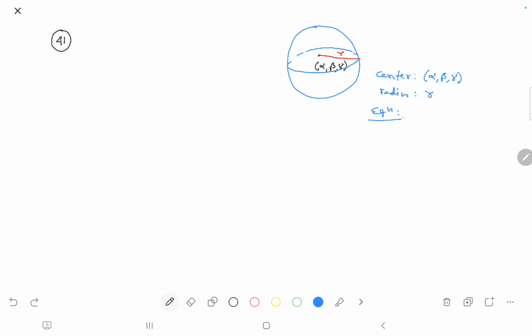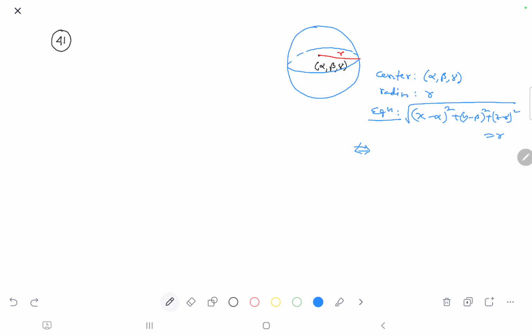Yes. So let me tell you. Standard form means if you know the center, let's say alpha, beta, gamma of a sphere, and let's say the radius is r, how does the equation look? The equation is given by x minus alpha whole square plus y minus beta whole square plus z minus gamma whole square, the square root equal to r.